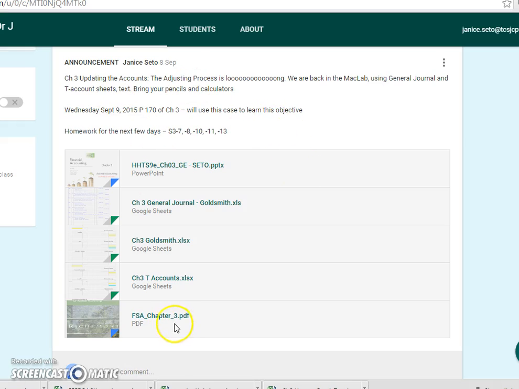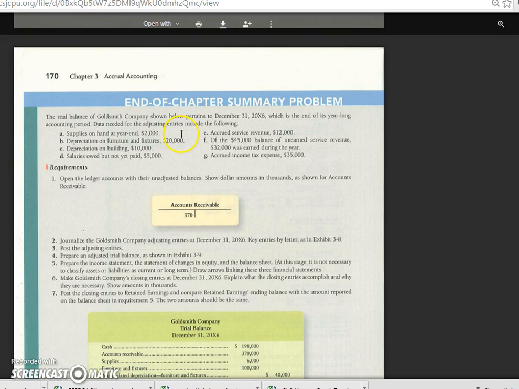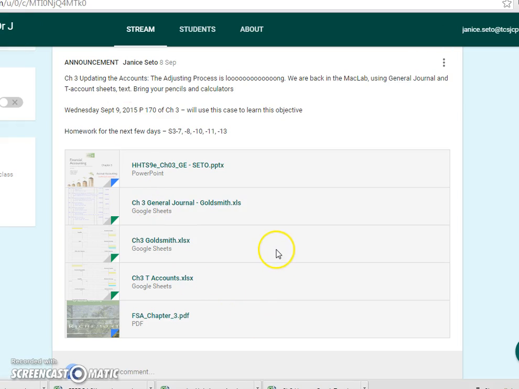Chapter 3 is long. Here's the chapter in the book, and our book is the book by Harrison and Horngren. In Chapter 3, we're going to be looking at page 170 because I think it makes a lot of sense if we look at a complete case from beginning to end. We're going to be needing to use the general journals.